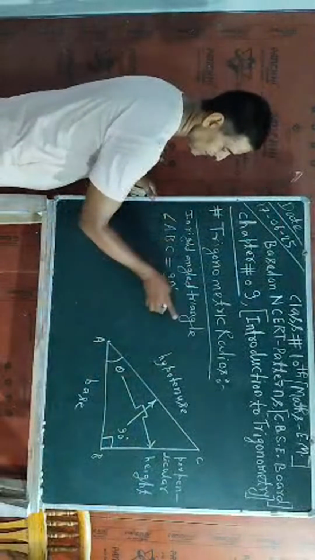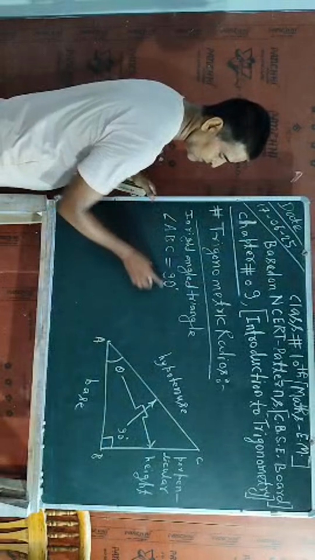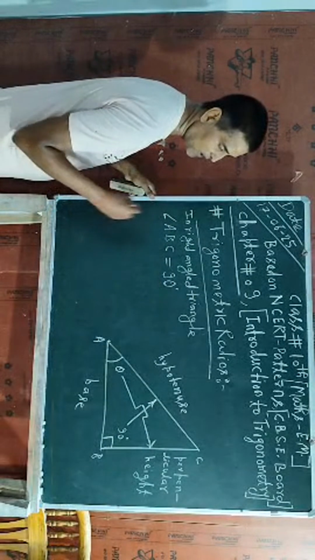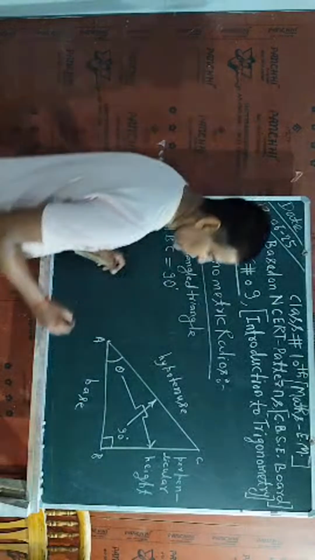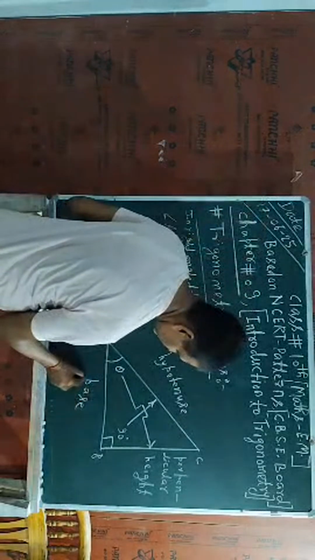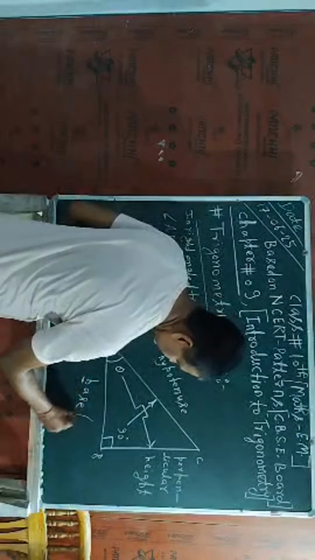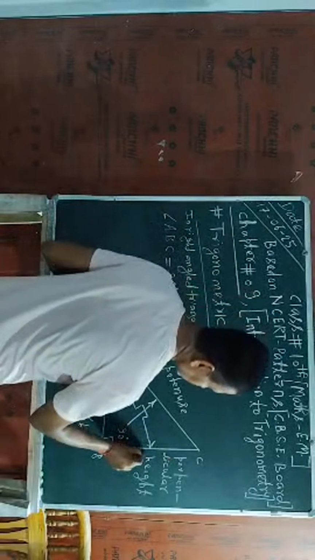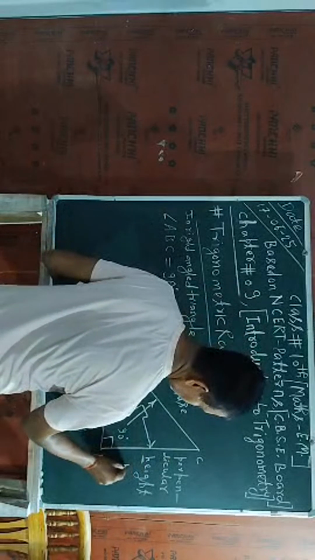Now in right angle triangle ABC, that is 90 degrees, there are 6 trigonometrical ratios, and I will write all of them in detail. Now this base will start with B, so I will write B. Now this perpendicular height will start with P, so here I will write P.